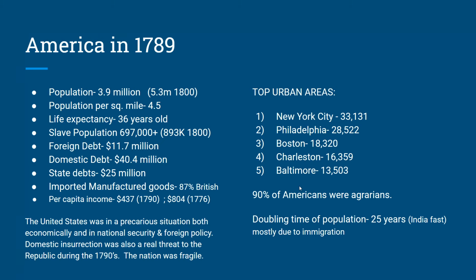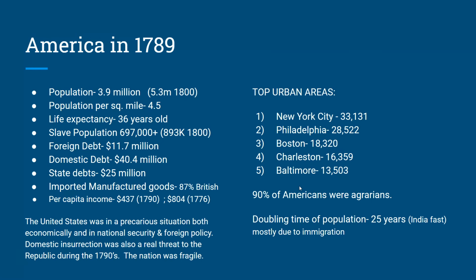We're not very densely populated. We're a very young country because we're growing very quickly. Life expectancy is 36 years old. Slave population, just under 700,000 in 1789, and it's going to rise to almost 900,000 in just a decade.